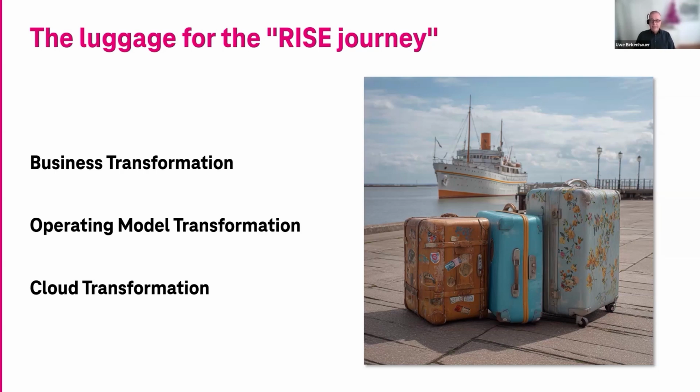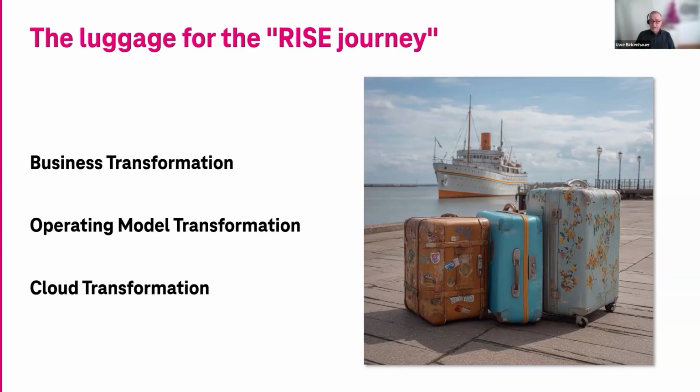The first dimension is the business transformation. You change your underlying ERP architecture, your ERP software. So you are going to change business processes, and you are going to replace existing functionality with new functionality. This is something you need to be aware of and think about. The next thing is you will most likely change your operating model, because you might run your SAP systems in your own data center, or you have a service provider who runs it for you.